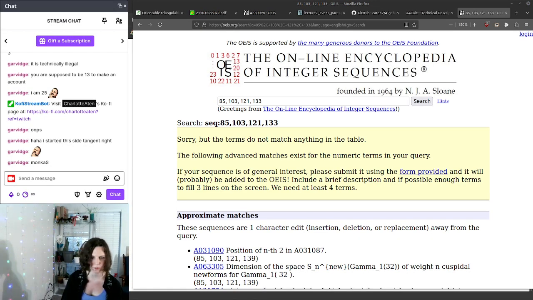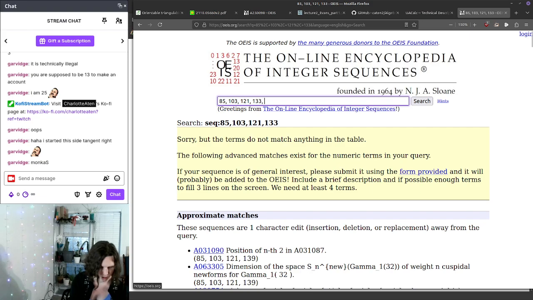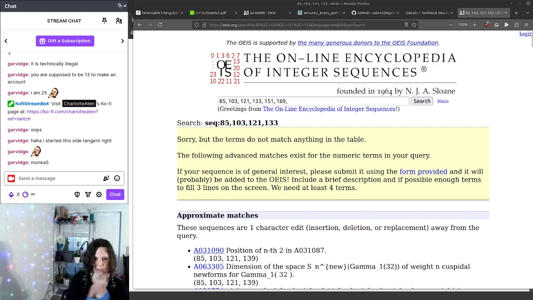I know there's no sequences that match it, but that was 4, 5, 6, and 7, right? Okay, so 6 was 133, 7 is 151. Okay, and then 169. And then, let's see what comes after that. 181.